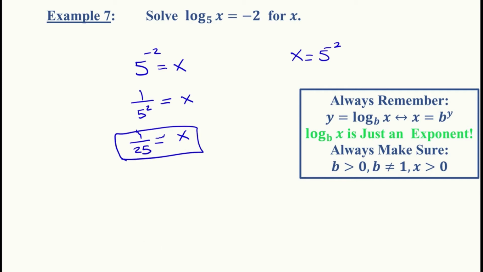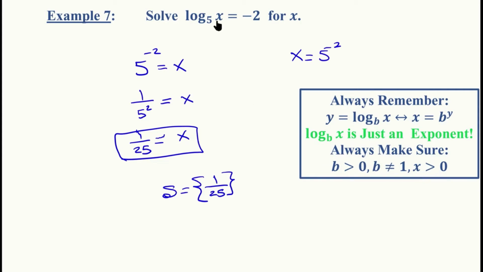So if you want to write it as a solution set, you'll just write the solution set contains 1 over 25. Now, the least amount of checking that you'll want to do for a problem like this is to make sure that these restrictions are not violated.